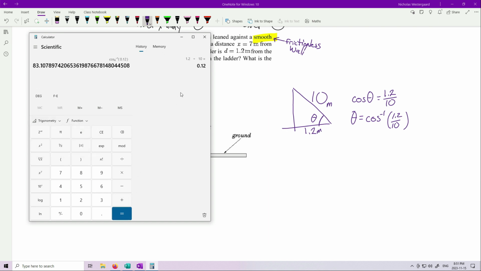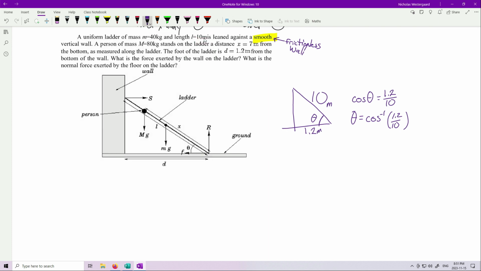Looks like it's 83.1 degrees. Theta is equal to 83.1 degrees. And look at that, you might be like, wow, this diagram is very much not to scale, and you'd be absolutely correct. But that's okay. What matters is clarity. What matters is having a very clear set of what's going on.